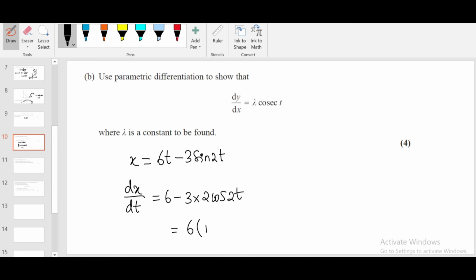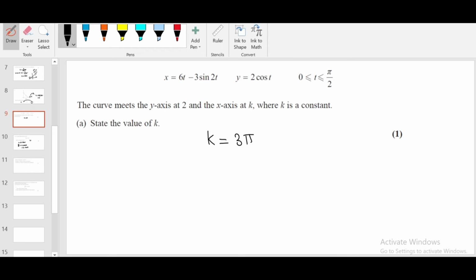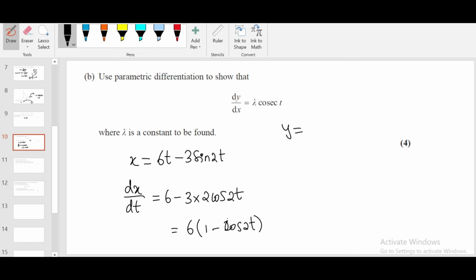I'll take 6 as a common factor, 6 times 1 minus cos 2t. Take y is 2 cos t, differentiate it, you will get minus 2 sine t.